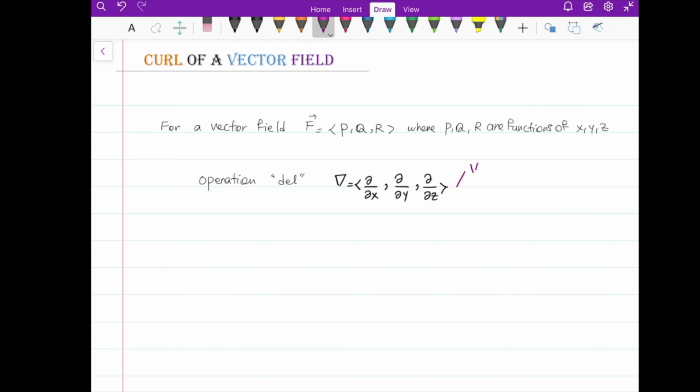It's just because del of f, when f is a function of x, y, and z, is the gradient vector of the function, right?